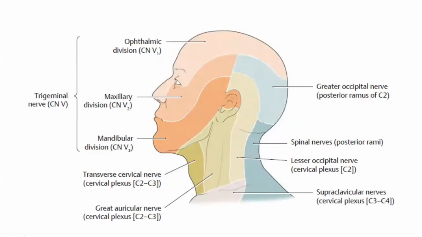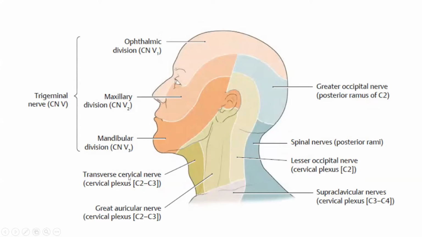So in this case, this area that you can see is the area receiving the sensory innervation from the greater occipital nerve, which is the posterior ramus of C2. And in the midline, we said it was the third occipital nerve. And here is the area supplied by the lesser occipital nerve from the cervical plexus.